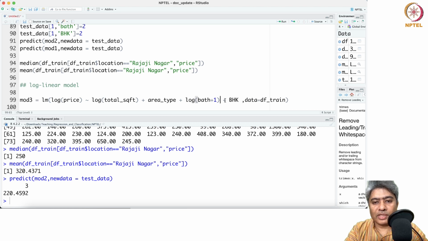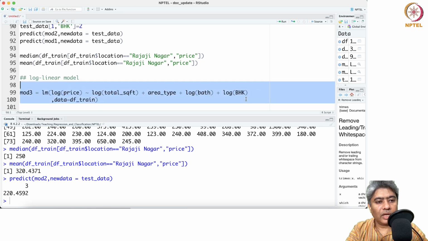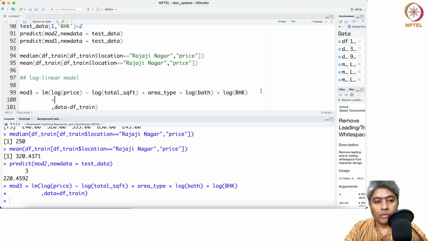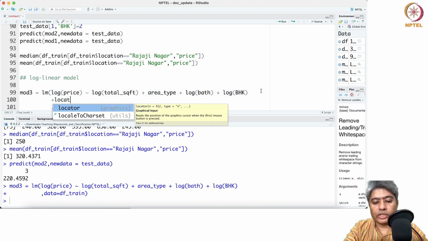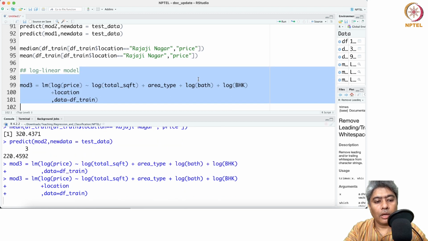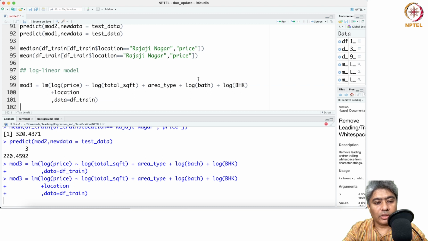I'm giving 1 in case there is 0 bathroom. Actually, let me not take it, because if there is 0, it will throw an error. But let us take this just for fun. Let's see how this turns out. I have to put location also, plus location. It will take a little time because it will create all the dummy variables and then fit the model.